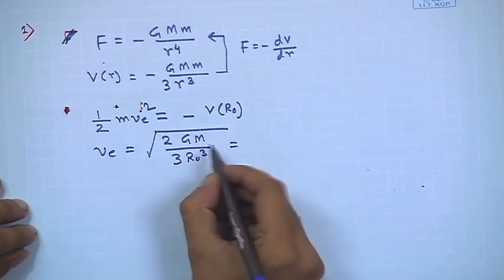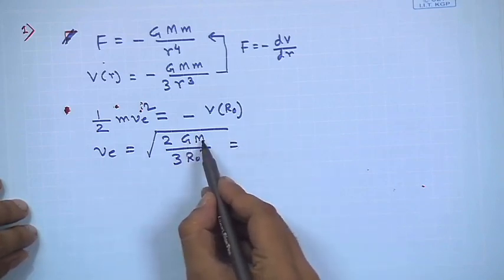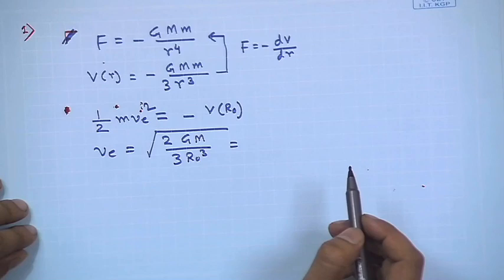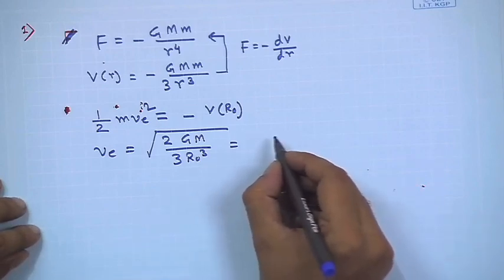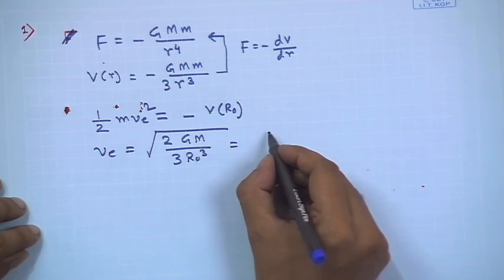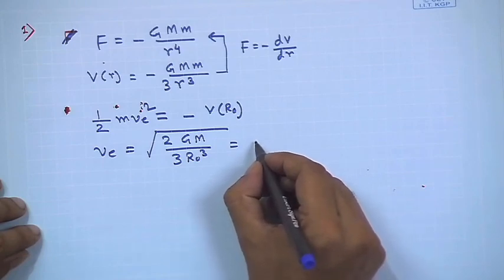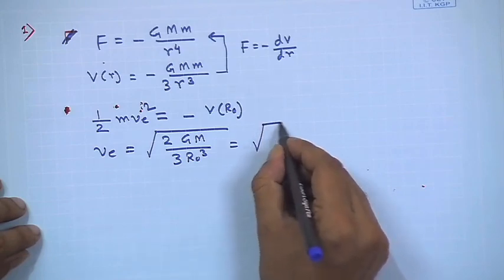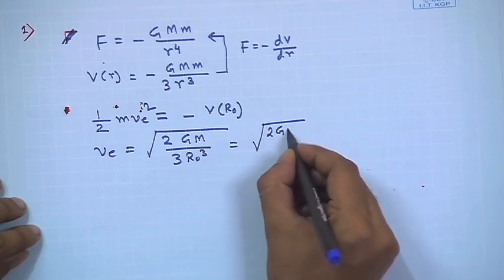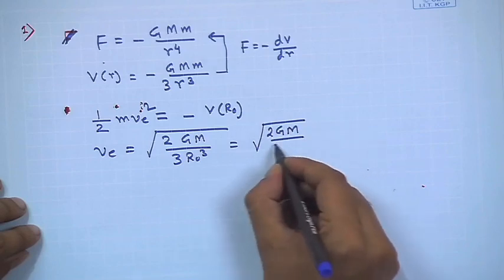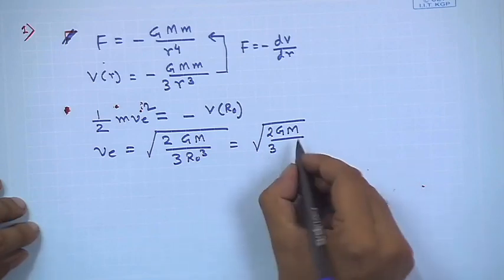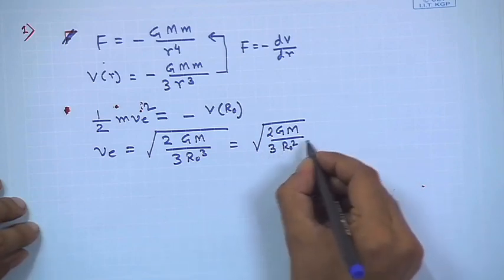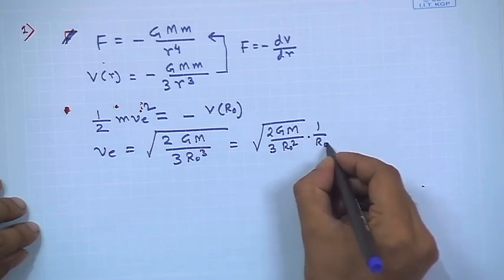Now, we can try to put the values of gravitational constant, mass of earth, and so on, or what we can do is simply modify this by writing 2 G M by 3 r 0 square into 1 by r 0.